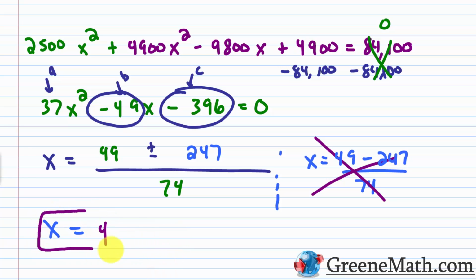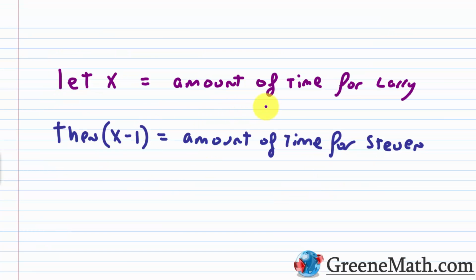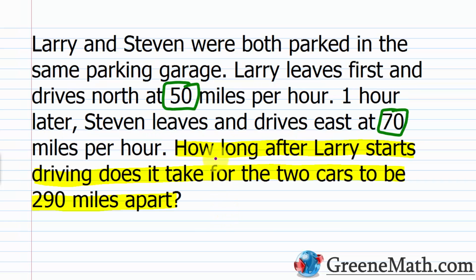So x equals 4. Again, that tells me that Larry drove for 4 hours before the two cars were 290 miles apart. Again, x was the amount of time for Larry. X minus 1 was the amount of time for Steven. So this guy is 4 and this guy is 3, right? Because 4 minus 1 is 3. So again, to officially answer this, how long after Larry starts driving does it take for the two cars to be 290 miles apart?